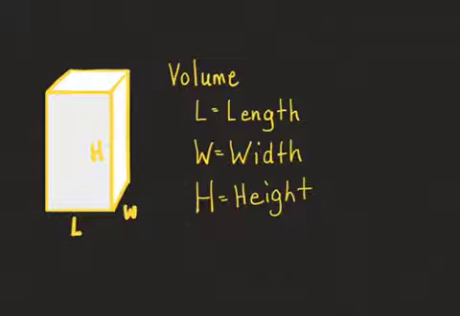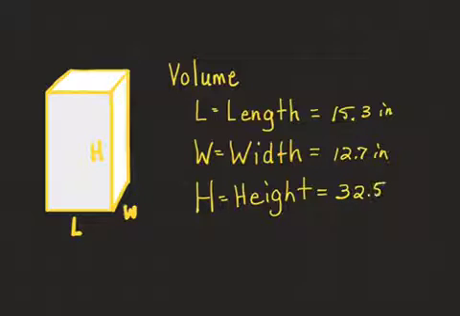So when we talk about volume, we have to add another dimension, the third dimension. We have length, we have width, and then we have height. So if we are talking about these measurements, say 15.3 inches in length, a width of 12.7 inches, and a height of 32.5 inches.